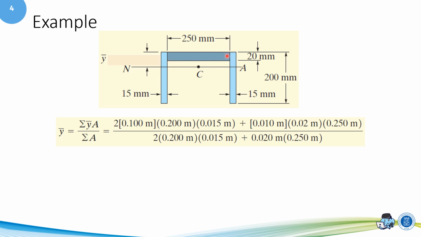And the y bar there is the distance from the centroid of this composite part to the x-axis, which is at the top. The distance there is supposed to be 20 millimeters divided by 2, which is the same as 10 millimeters.